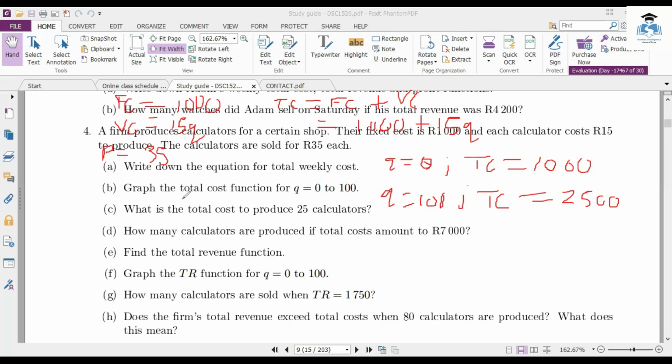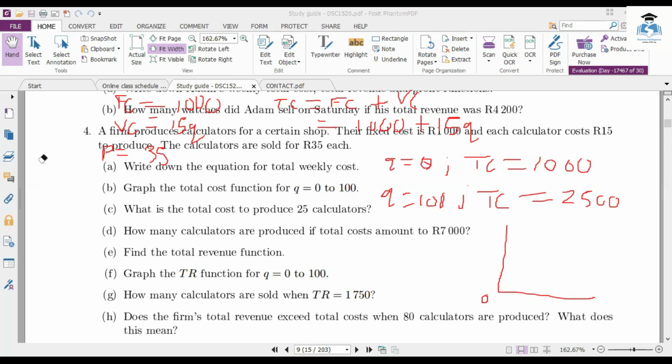So you are now asked to plot the graph for the total cost function. Sorry, where did you get the TC is equal to 2,500? You just lost me there.